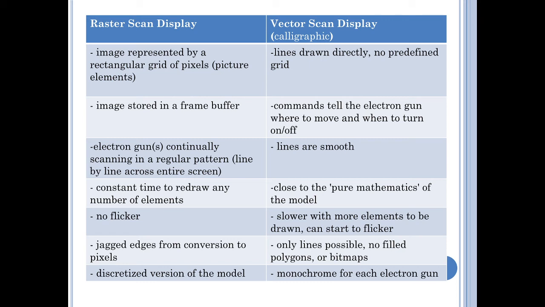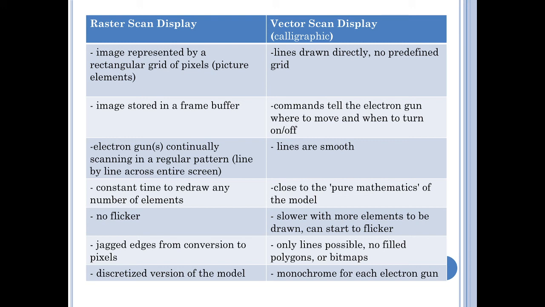In vector, lines are smooth, and the curves are fine in vector, but not fine in raster. Constant time to redraw any number of elements, close to the pure mathematics of the model, is used in vector scan display. No flicker in raster scan display. In vector scan display, it is slower with more elements to be drawn, and can start to flicker.